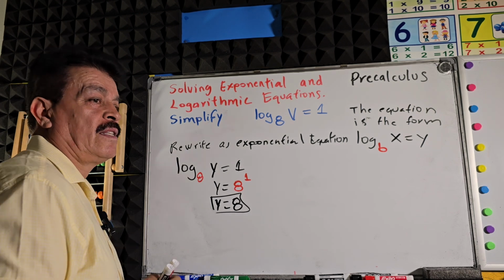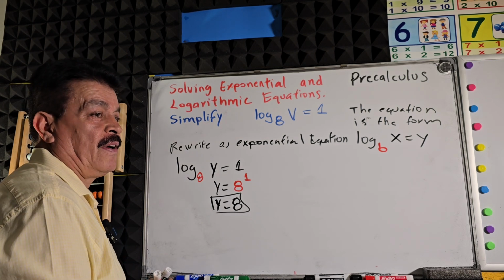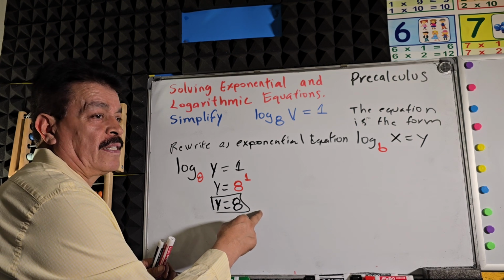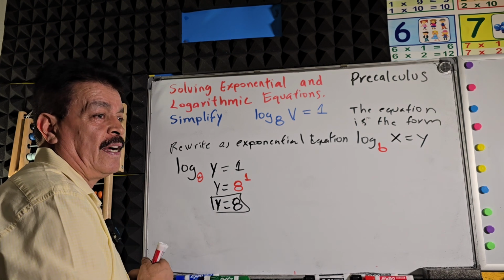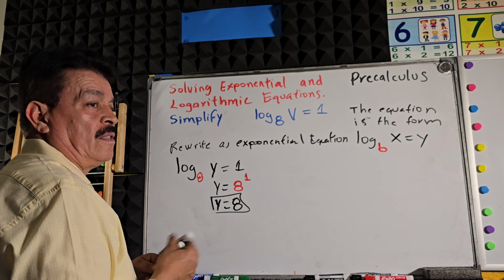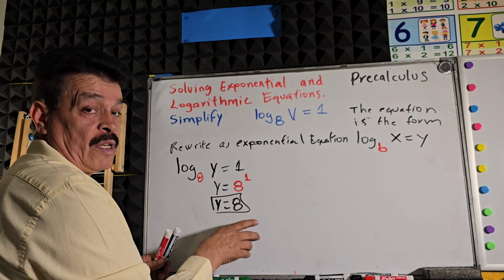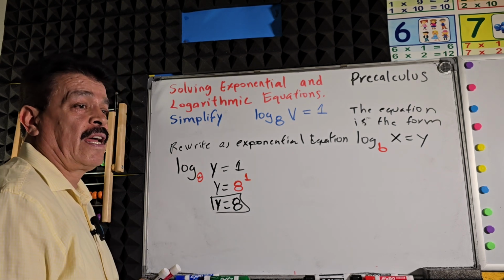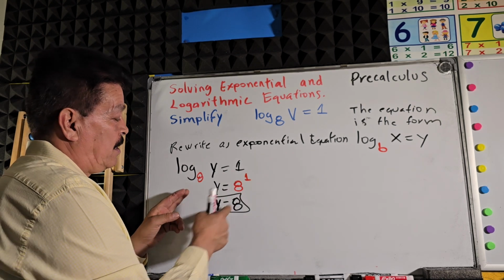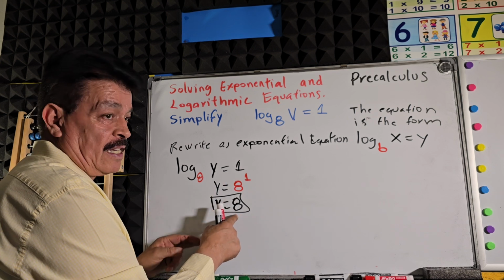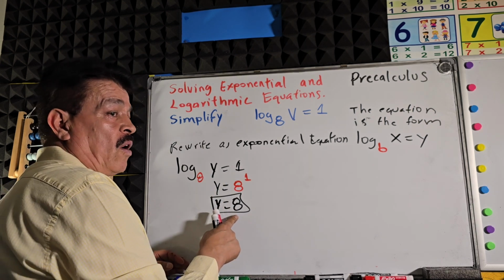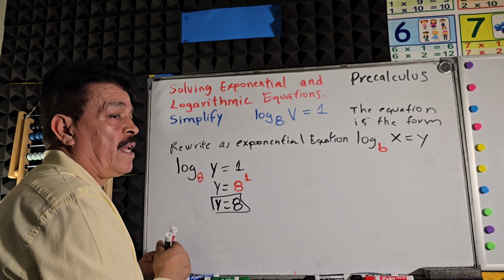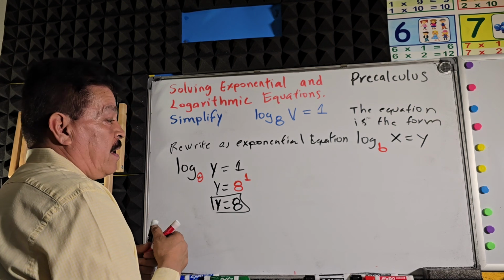The solution is valid only if the number, in this case 8, makes the equation true. In other words, the expression inside the logarithm in the original equation must be true.